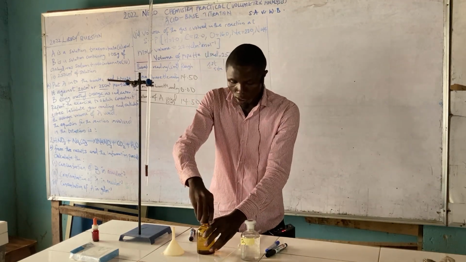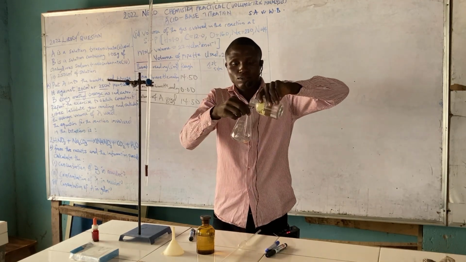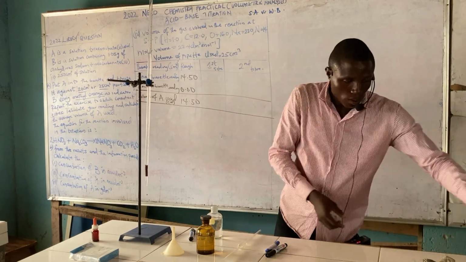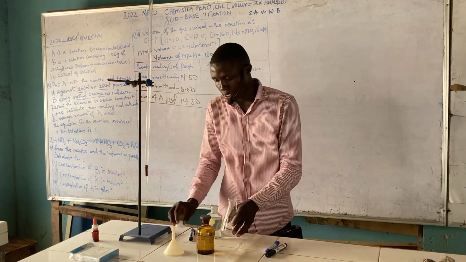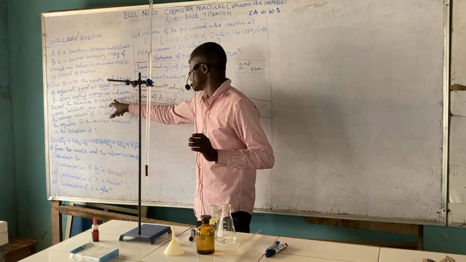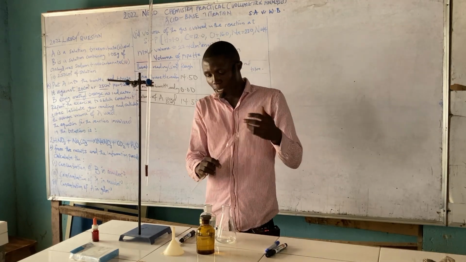Always ensure that you rinse your conical flask with the reagent that you want to use it with. Then the next thing is to repeat the same procedure to obtain consistent values. So now I'm pipetting my base again.